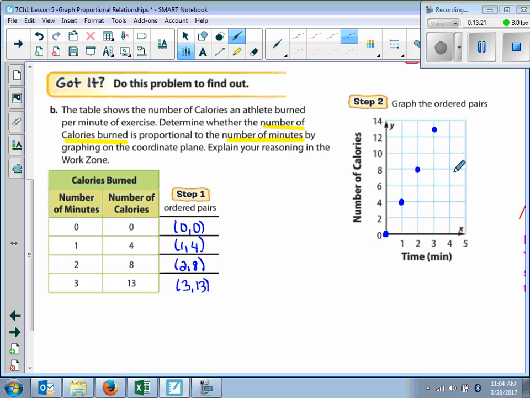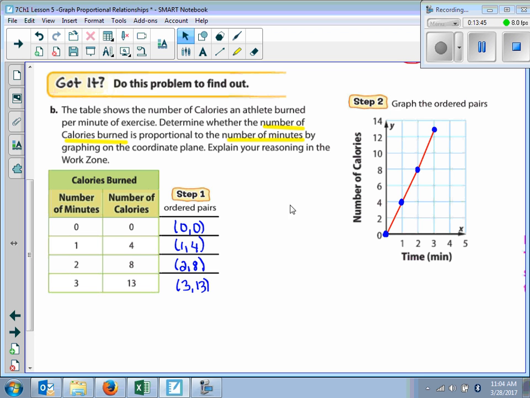All right, so now the next step is to connect the dots, right? So now when we connect the dots, this is what it looks like. Is everybody with me?